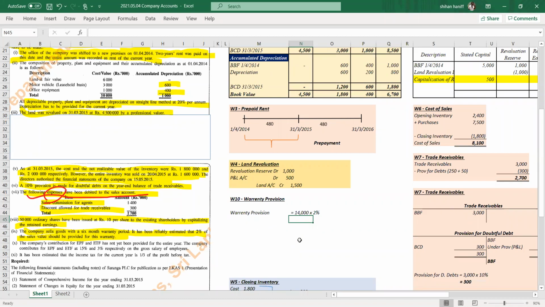So how much is the provision? 14,000 into 2% is 280. That is the warranty provision.